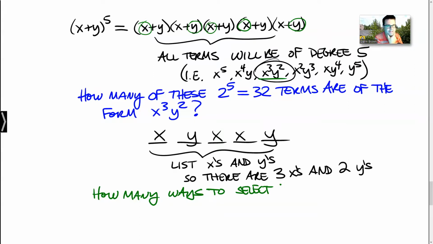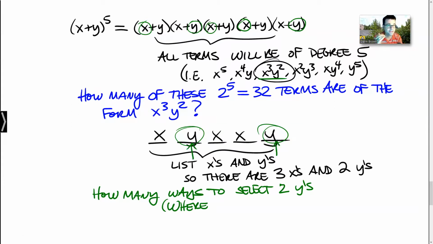Well, actually, let's see now. Let's think instead about placing the y's, to select the 2 y's. In other words, where the 2 y's go. So out of the 5 places, I have to select 2. This one and this one.